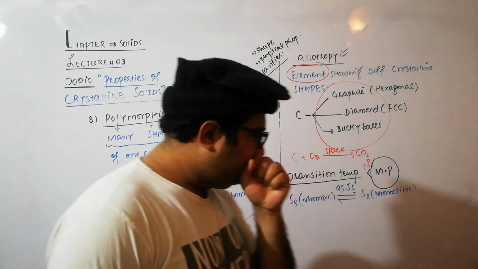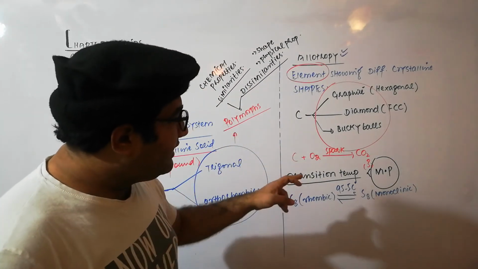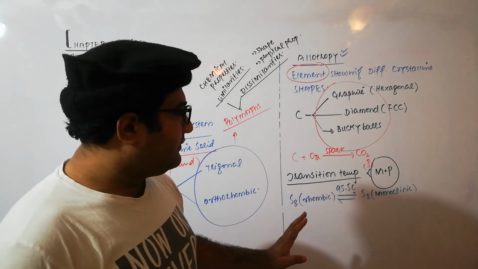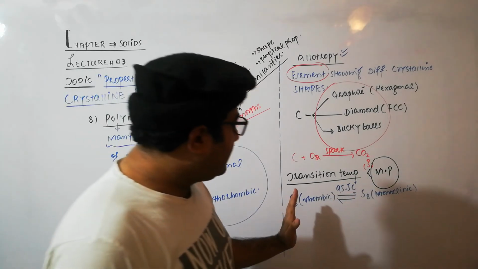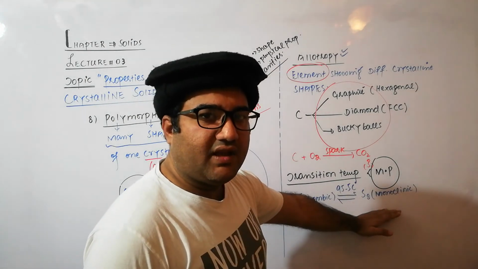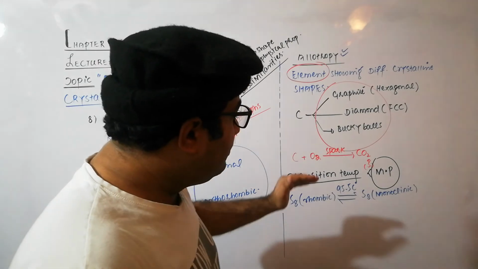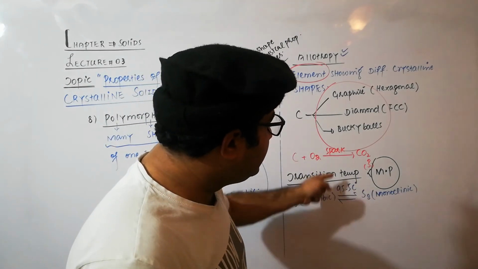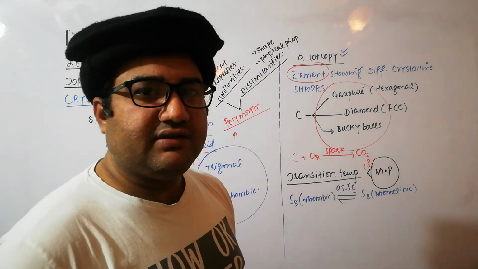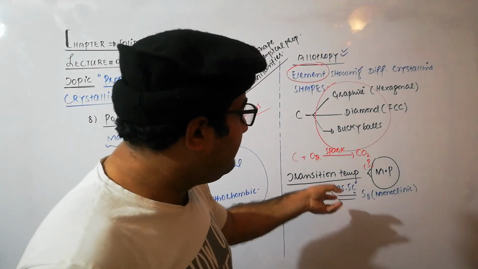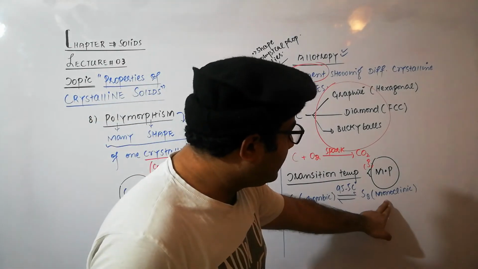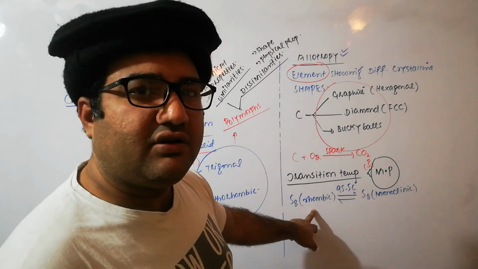Listen very carefully now. If we increase the temperature from 95.5 degrees C, it means that the conversion of rhombic sulfur to monoclinic will be increased. I will make it easier. If you increase the temperature from the transition temperature, the conversion is towards the right. And if the temperature is decreased from 95.5 degrees C, then there will be more conversion of monoclinic sulfur into rhombic sulfur.